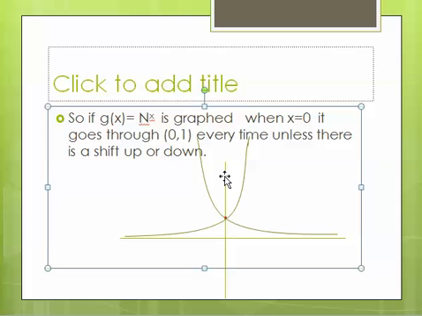And if it's not going through (0, 1), but it's going through (0, -3), that must mean it's been shifted down 4 units. Those are the types of things that you can look at to help you figure out what graph you're looking at.